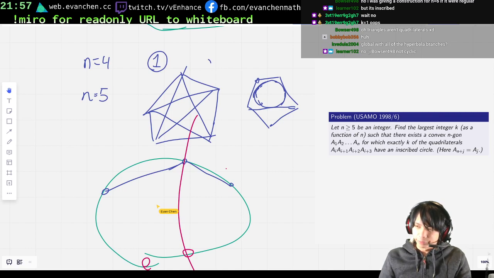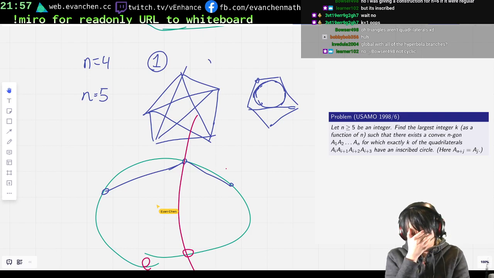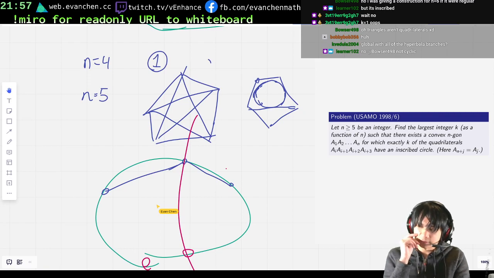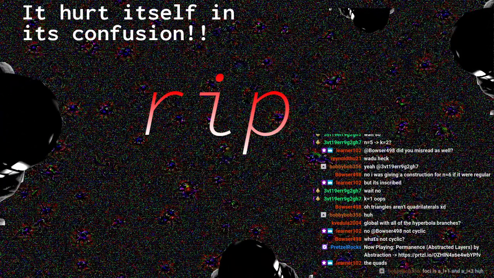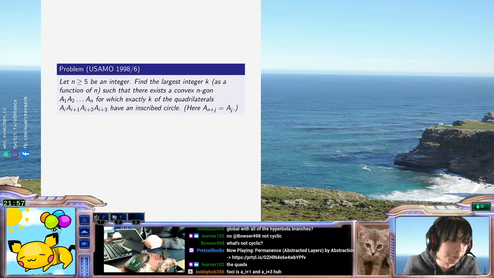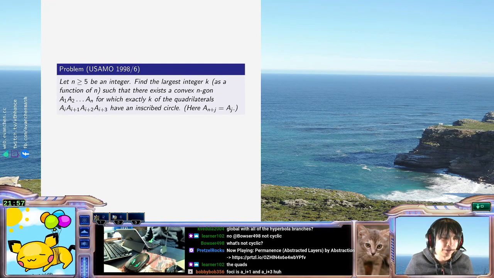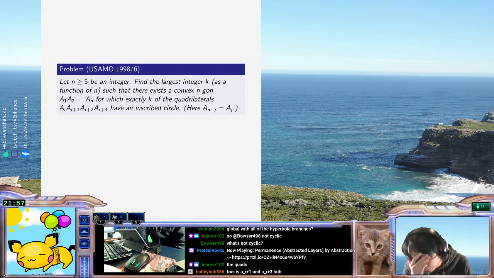Oh, wait, also, I'm not reading the question. Oh man, I did the whole intro and I didn't even read the question correctly. It's asking about A_i, A_{i+1}, A_{i+2}, A_{i+3} specifically. So like 4 consecutive vertices. Oh no. I'm solving the wrong problem. So it's 4 consecutive vertices, not just 4 generic.